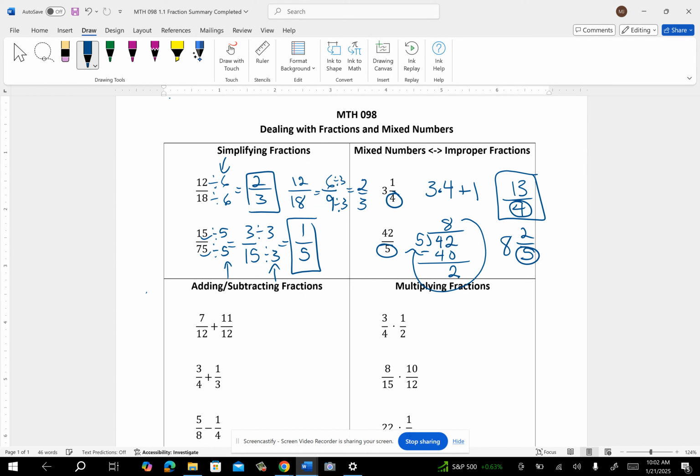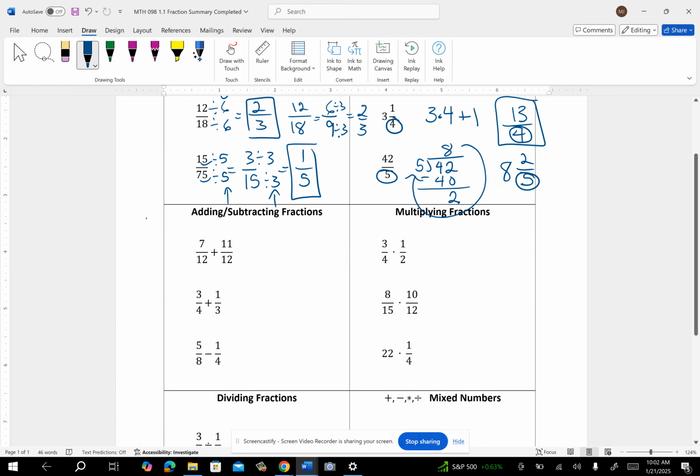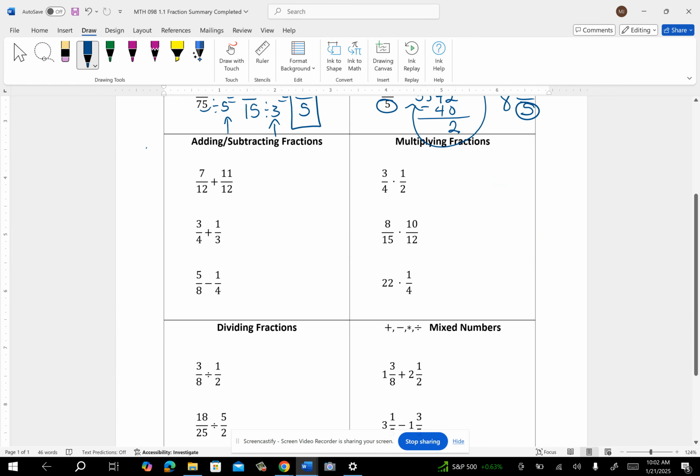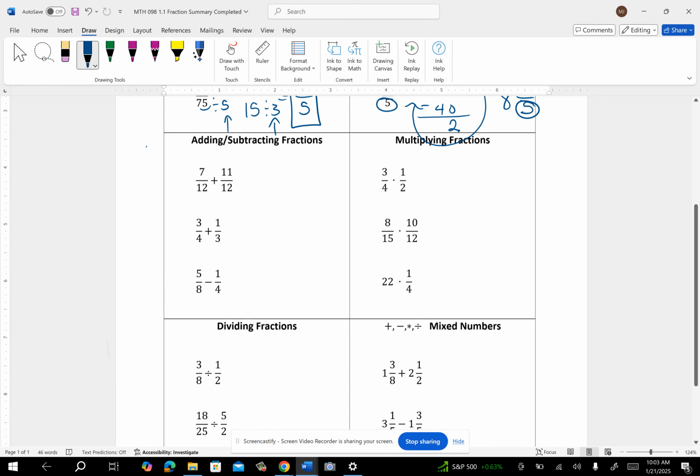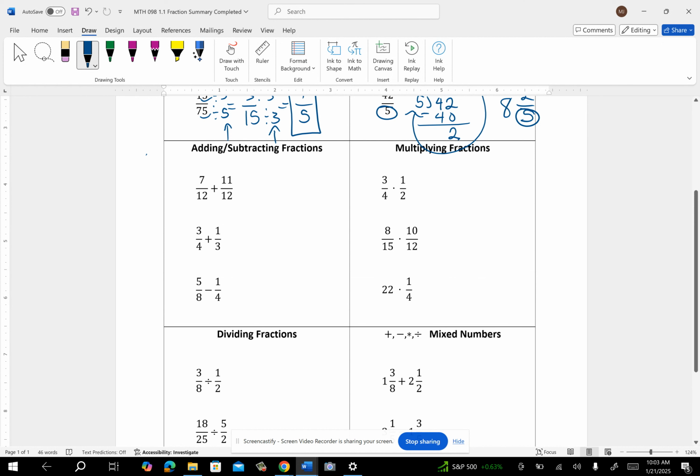Okay. All right, now here we're looking at adding, subtracting, and then multiplying and then dividing. So with adding and subtracting fractions, really important asterisk, you need common denominators before you wind up adding or subtracting, right?